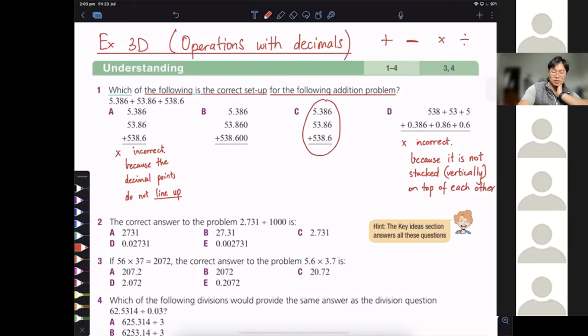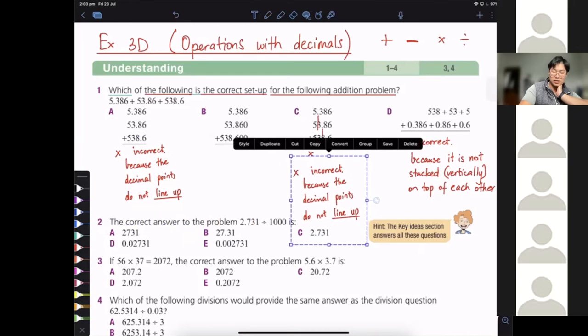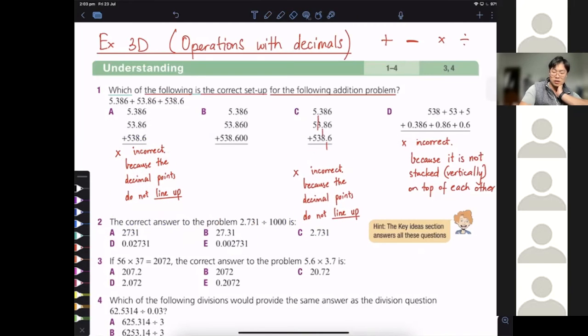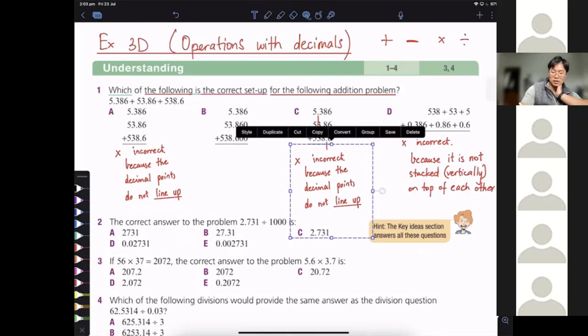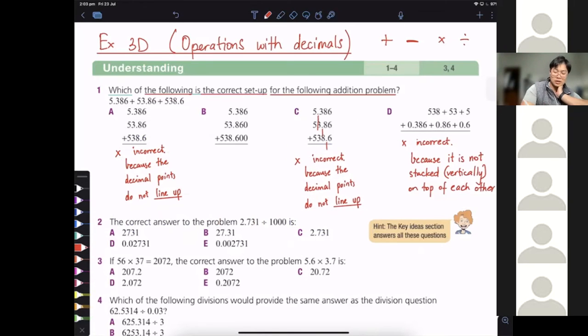This one here, do the decimal places line up? So this one here is also incorrect because the decimal places do not line up once again. Okay, so that only leaves us with one answer. And thank you for those who typed into the chat to answer.